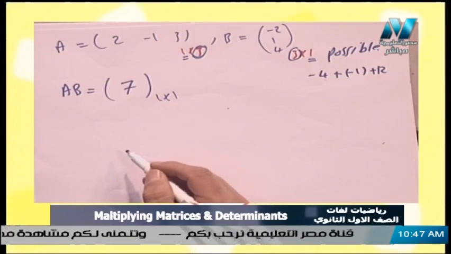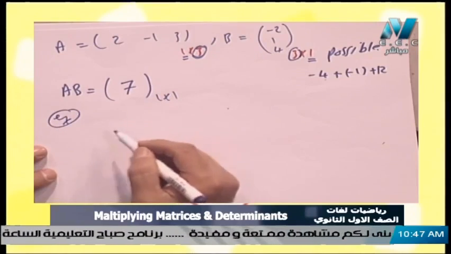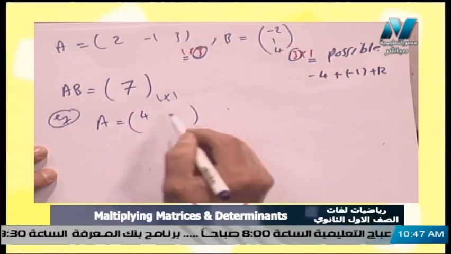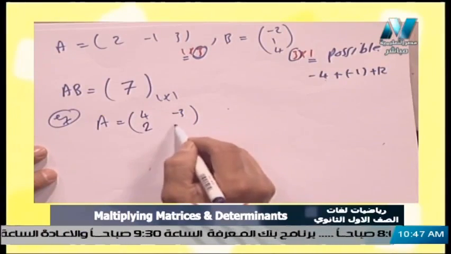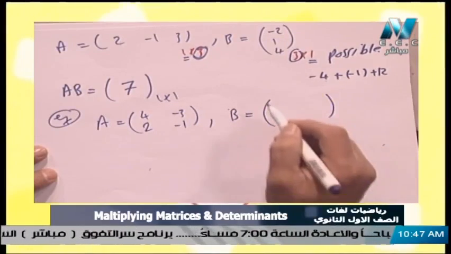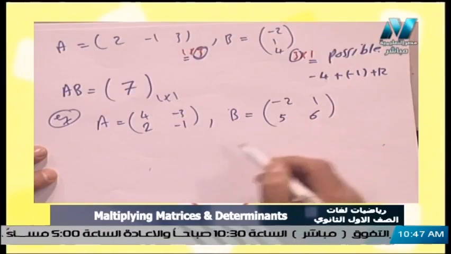Okay. We have another example. A here equals 4, negative 3, 2, negative 1, and B equals negative 2, 1, 5, and 6.